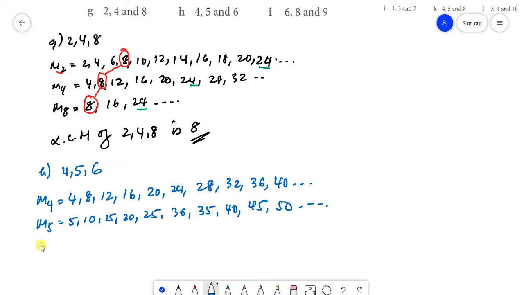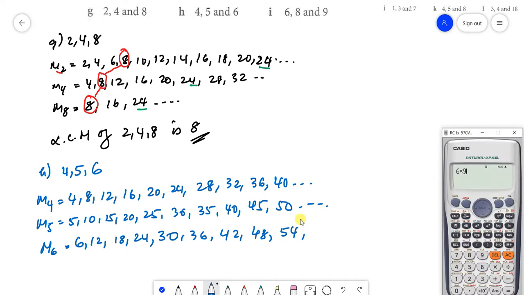And then we have 6: 12, 18, 24, 30, 36, 42, 48, and then 54.